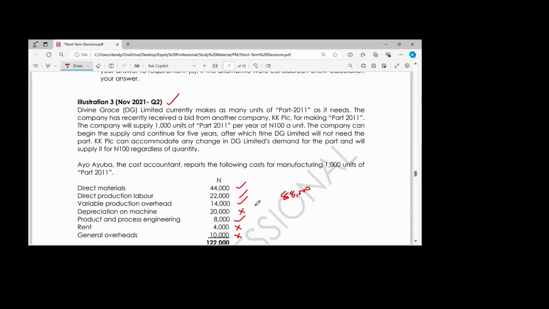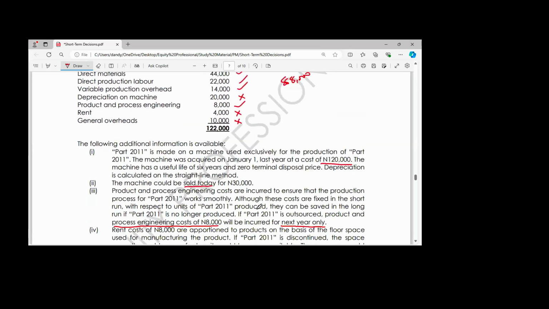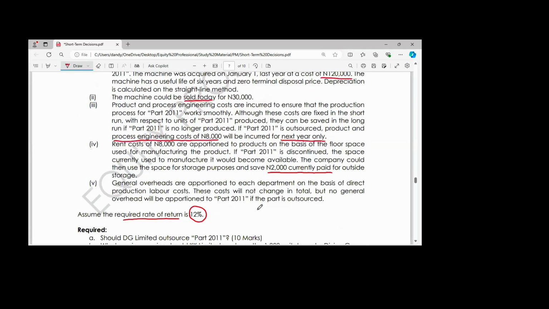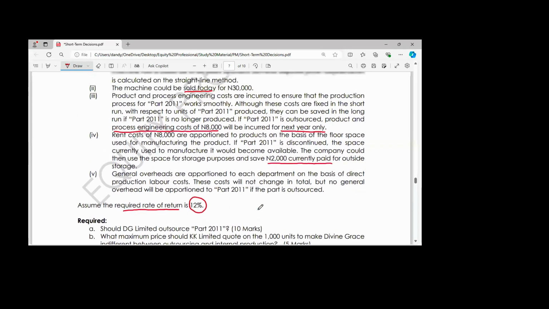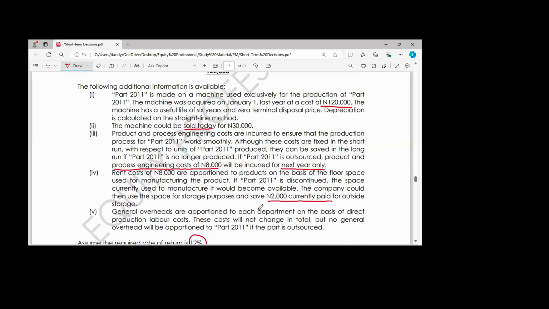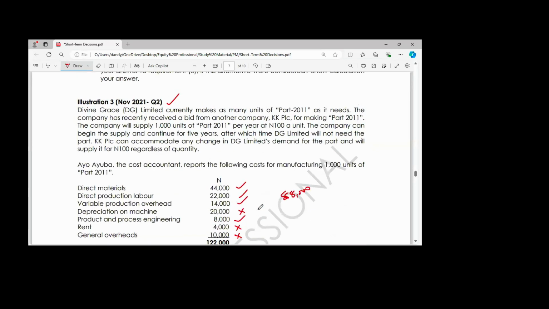I saw that information somewhere earlier. Why did they mention 5 years? Yes, I've seen it in the first paragraph, the introduction: the company can begin to supply and continue for 5 years. So this 88,000 is constant, the same in year 1, year 2, year 3, up to year 5.